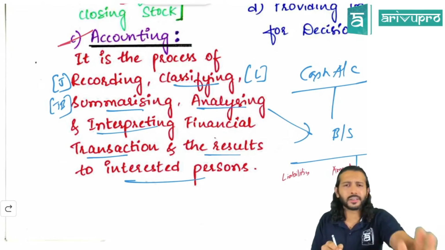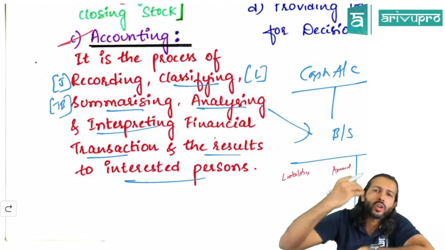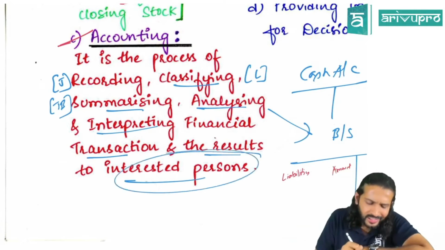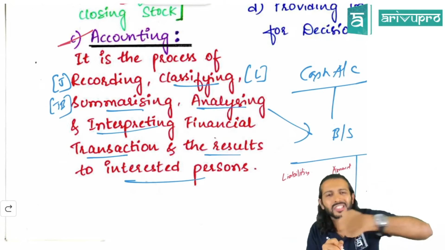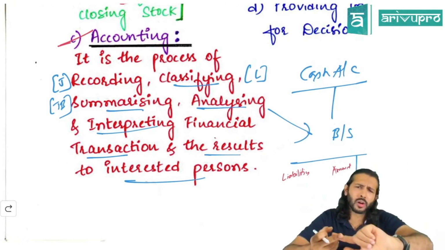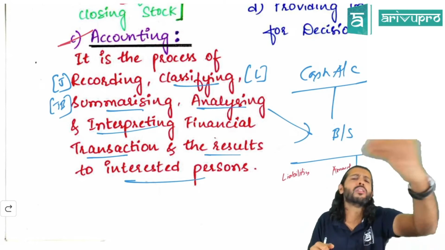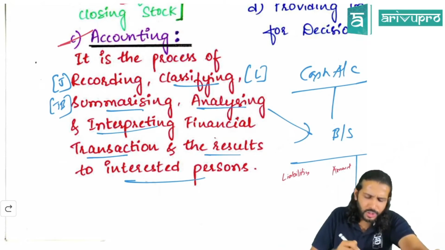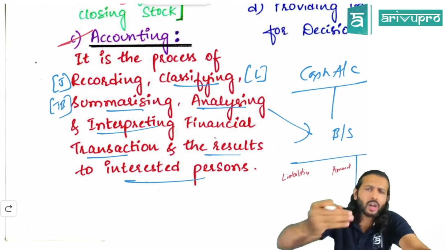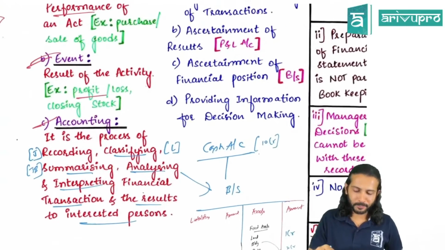The result is nothing but an event. After doing all this activity, you communicate it to whoever is interested: investors, government, debtors, creditors, employees, management, whoever. You do all these functions and give this data to whoever is interested. That's all accounting.